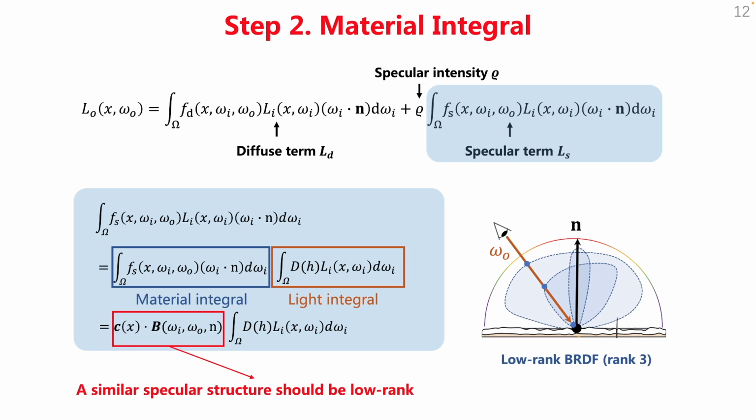For the material integral term, we put forward a key assumption that all the facial surface positions of an individual share a similar specular structure, and the spatially varying properties can thus be represented by diverse linear combinations of only a few learnable BRDFs, as formulated in the equation in the third row. The low-rank prior greatly restricts the solution space, thereby diminishing the need for large-scale training observations. It significantly improves the performance of appearance recovering.